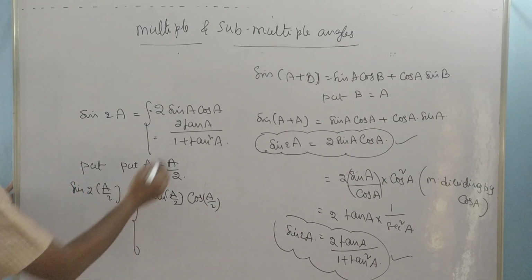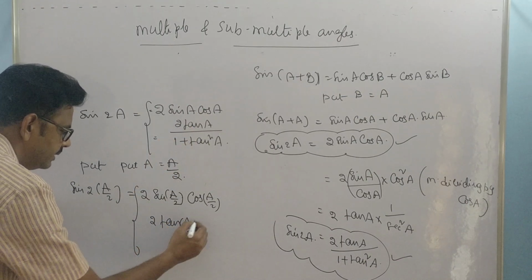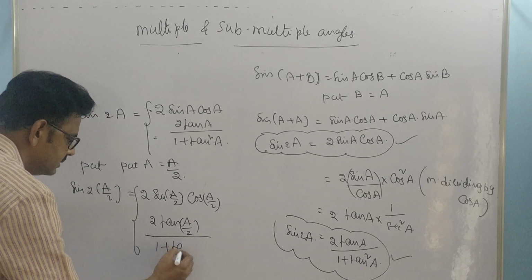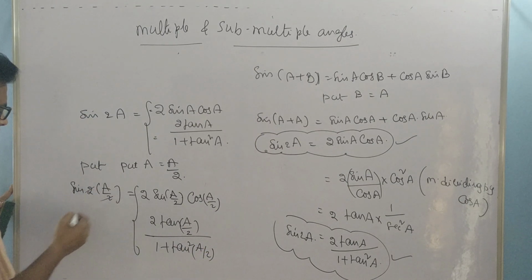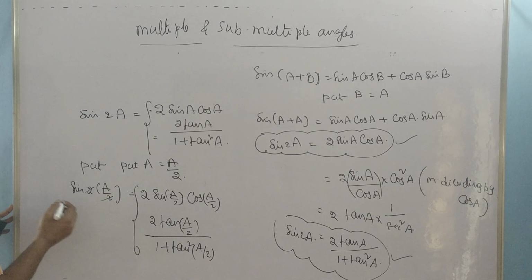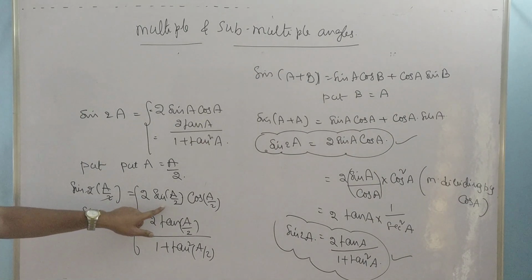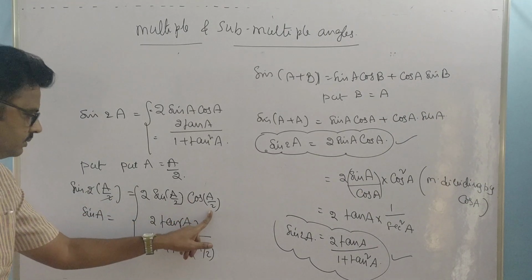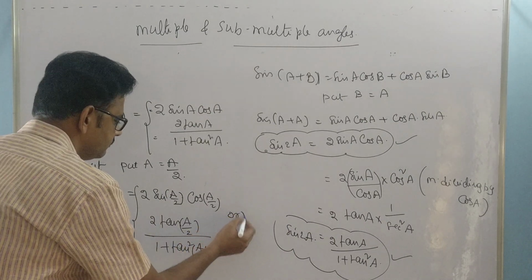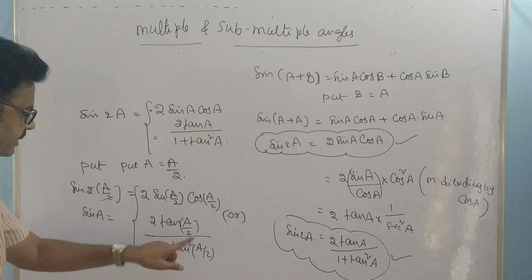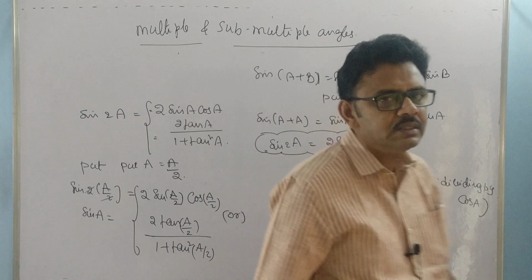And also this is 2 tan A by 2 by 1 plus tan square A by 2. So sin A is equal to 2 sin A by 2 cos A by 2, one formula. Another formula, in terms of tan, is 2 tan A by 2 by 1 plus tan square A by 2. So these are the formulas for sin A.